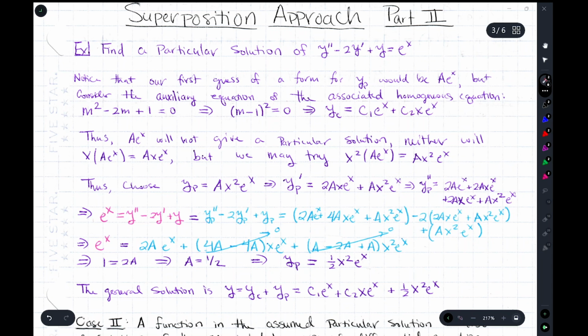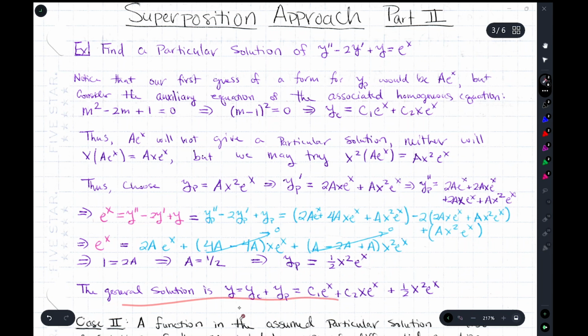And now match terms. Okay, and it turns out when you simplify, this is 0 and that's 0, so the coefficients of these are 0. You get a bunch of cancellations, and you just have to match these two, okay? And so you get 1, which is over here, is equal to 2a, and so a is equal to a half, and y particular is this.